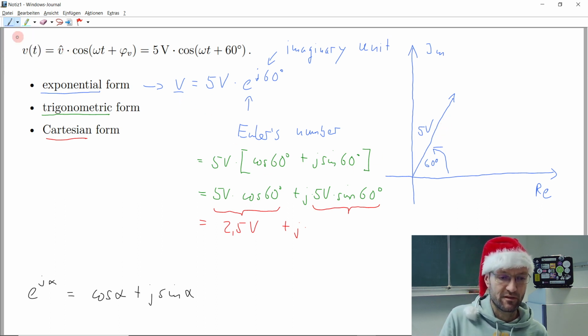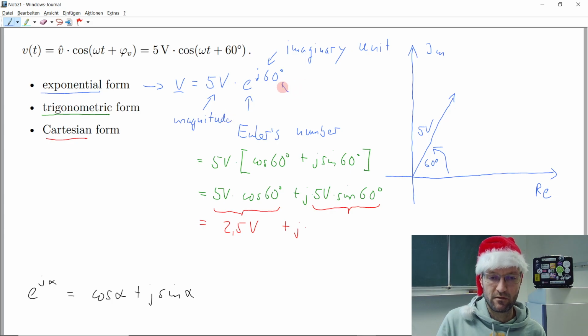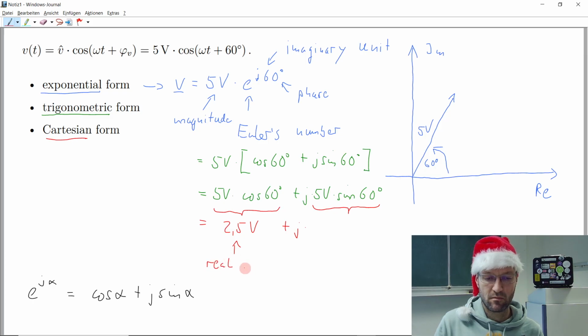So let's give this some more names here. This is the magnitude. And this is the phase of the complex number. And what we get here at the bottom, this is what we call real part.